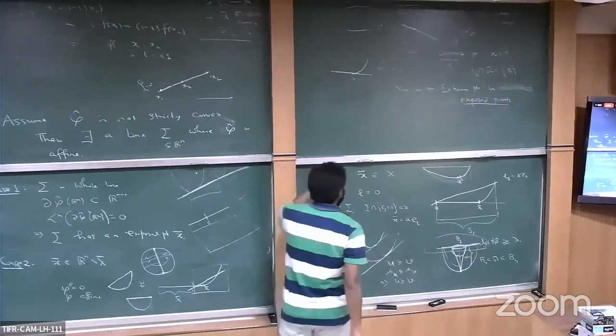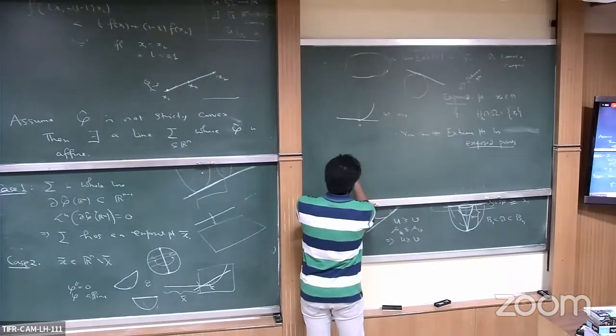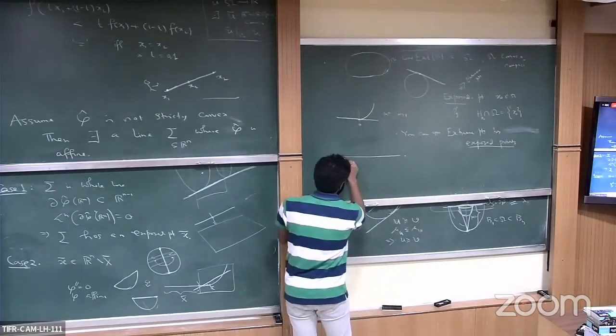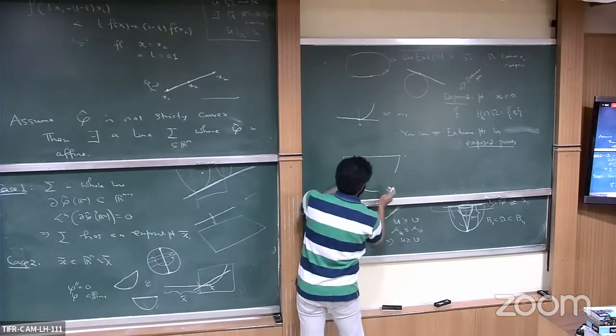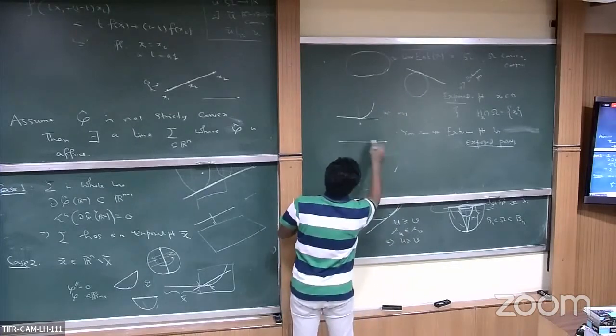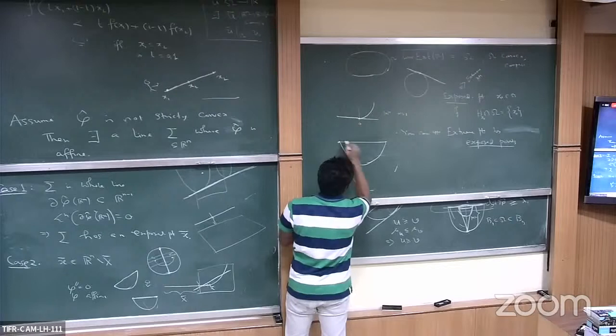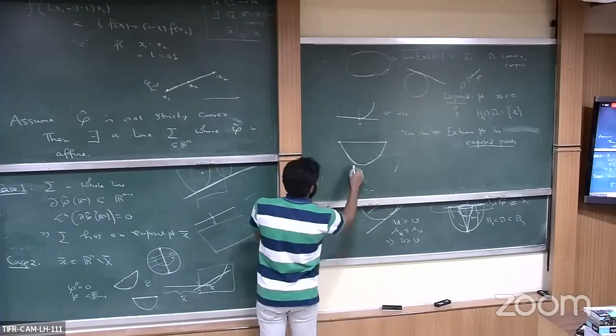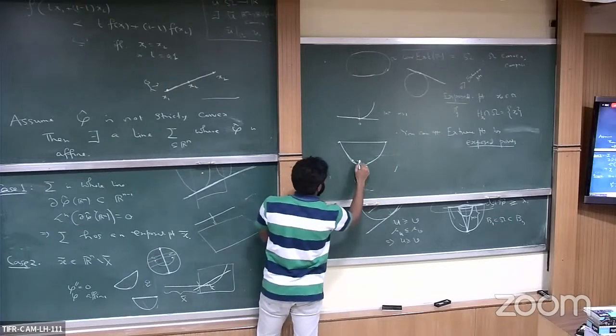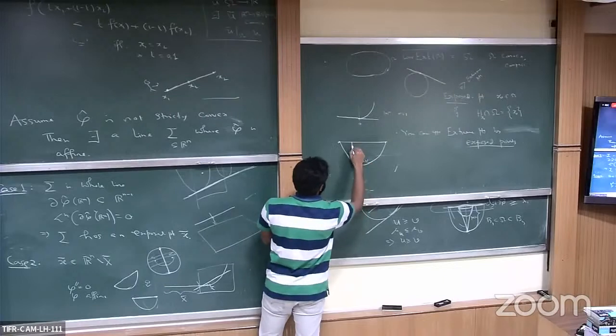Suppose you have a convex function which vanishes on the boundary of the domain. Let me draw the picture clearly. Let us consider a point x here, and this height is basically u(x).